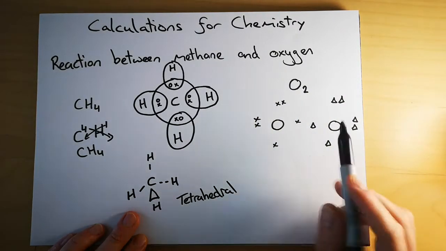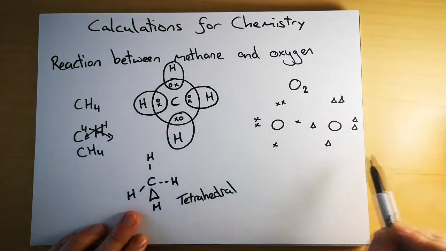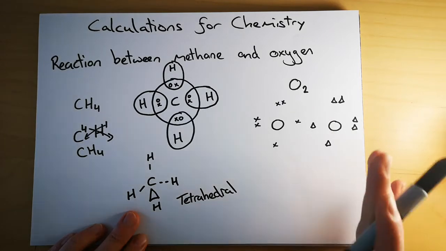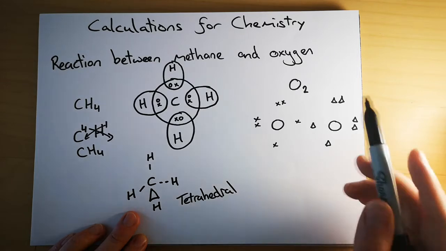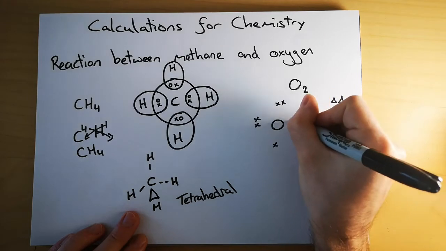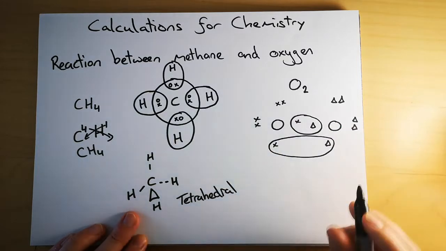Now I didn't have to cheat with that one because that atom was orientated on the right hand side, so I could keep going round in a clockwise direction. Once again, it just takes practice. So what we've got is we are going to have a bond here, and a bond here.